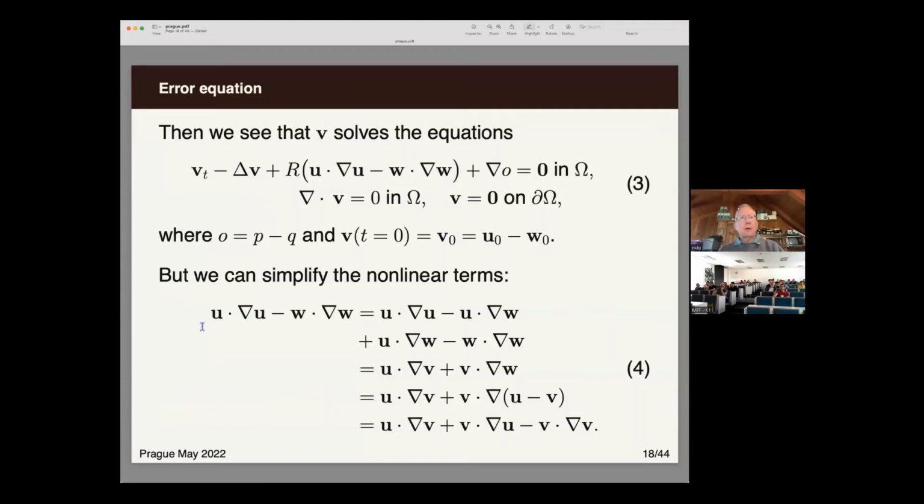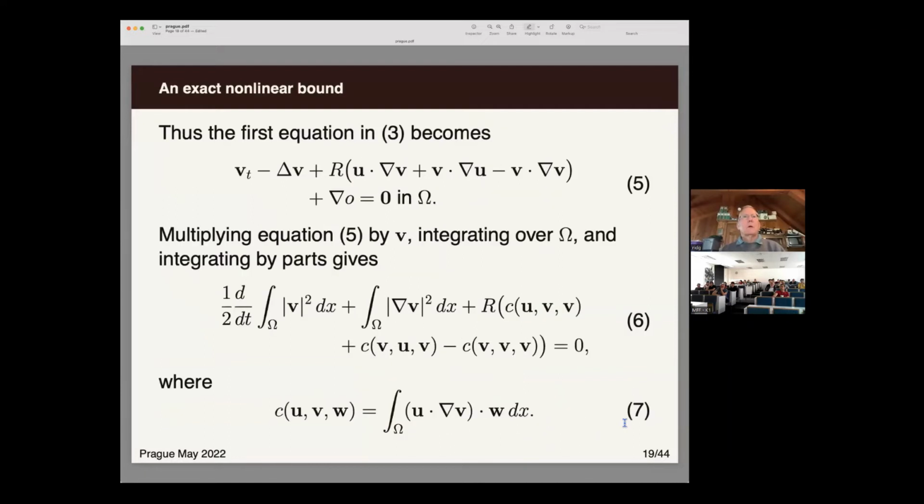We can simplify that nonlinear term by some algebraic manipulation. So it becomes U dot the gradient of the perturbation plus the perturbation dot the gradient of U minus a quadratic term. This becomes the full equation for V.